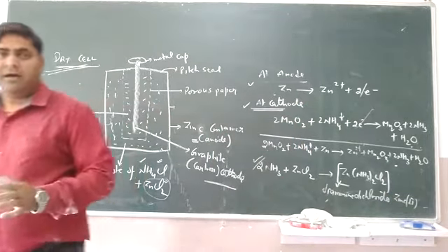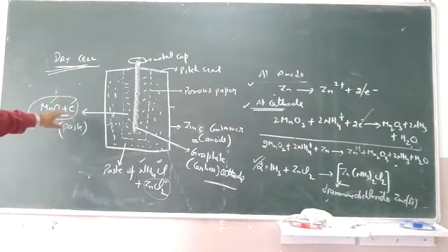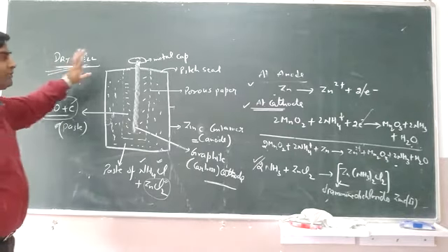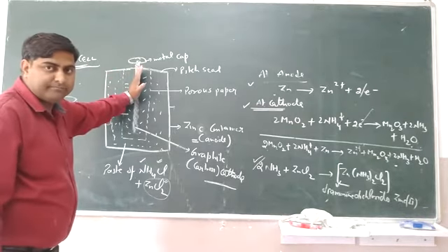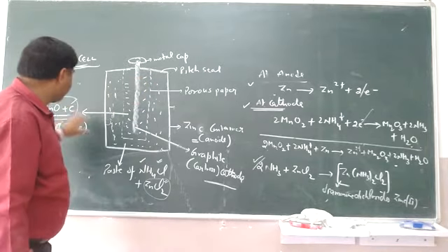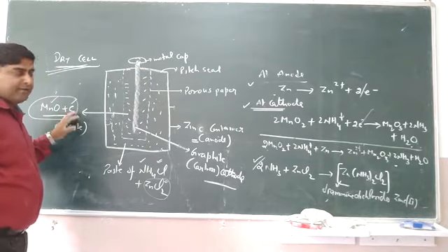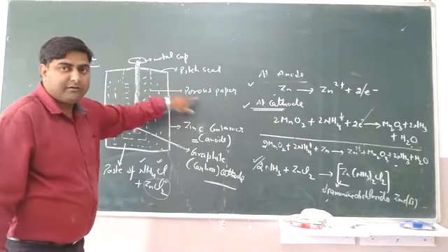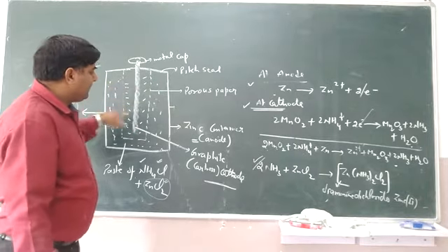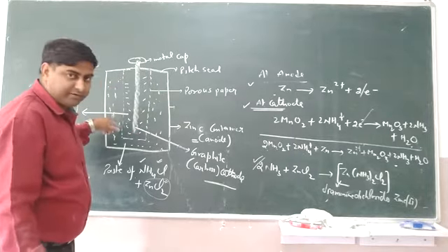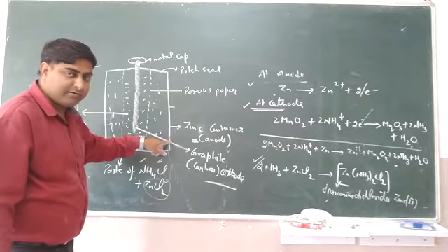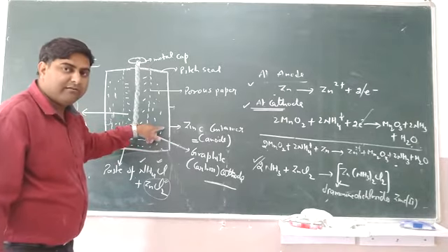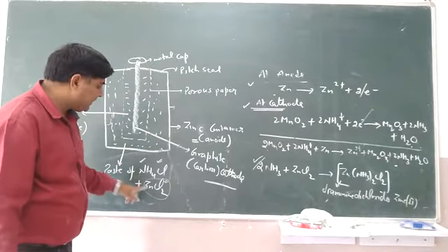So keep in mind, when we talk about dry cell, it contains a carbon rod immersed in a paste of MnO2 and carbon. They are kept in a porous paper, and the whole container is made up of zinc. Inside the zinc, we have a paste of ammonium chloride and zinc chloride.